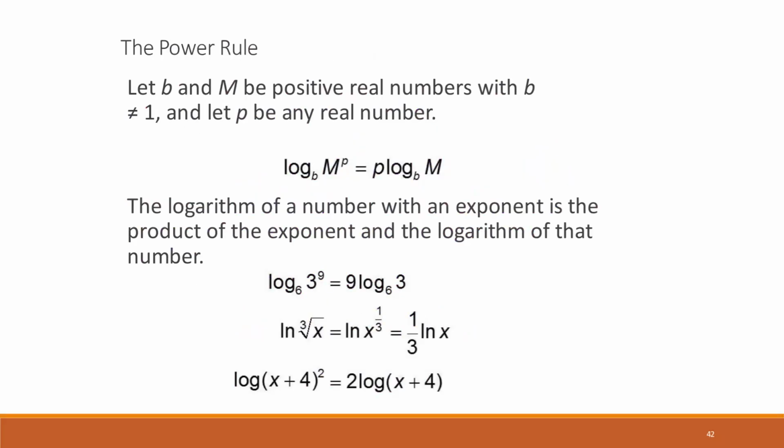The power rule says that if we are taking our value inside the log to a power, we can move that power to the front and end up multiplying by that log. So let's look at this one.